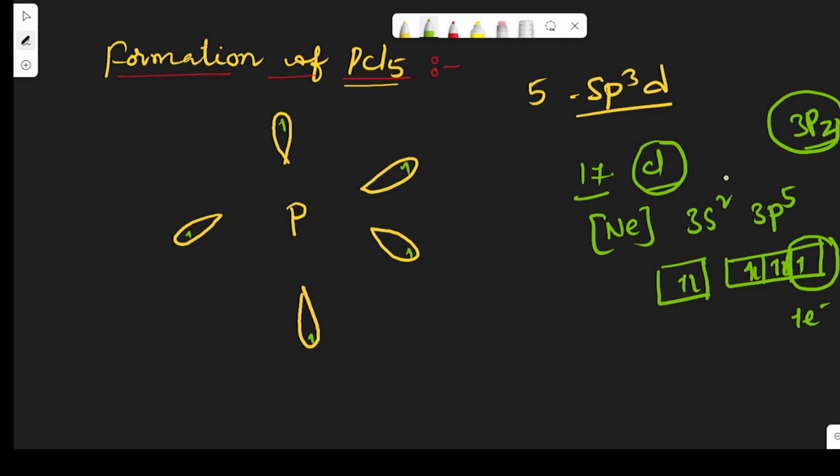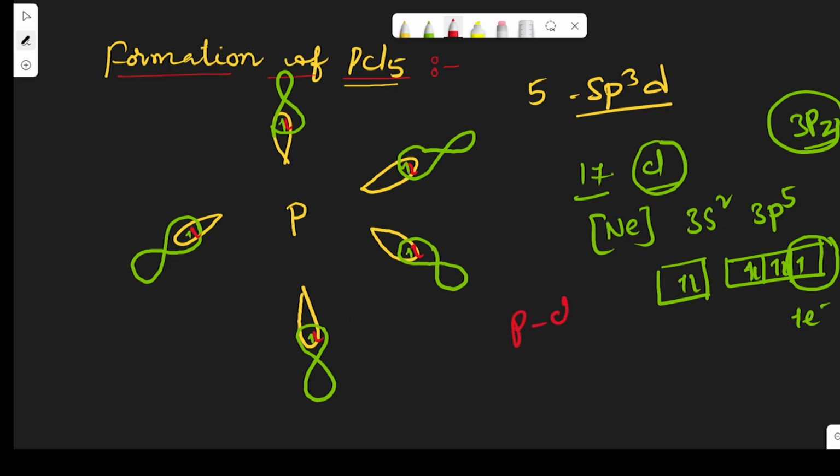This is the first one, second, third, fourth, fifth. Like this, a sigma bond exists between the phosphorus atom and chlorine atom.